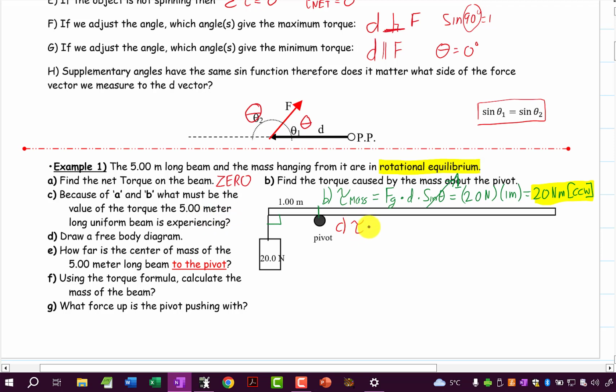The torque of the beam has to be 20 Newton meters clockwise, because they add up.